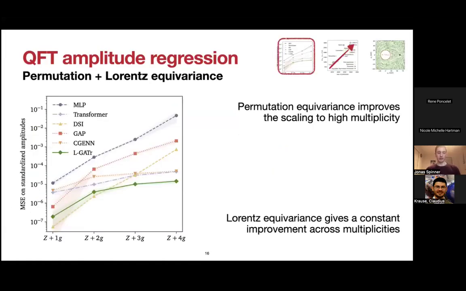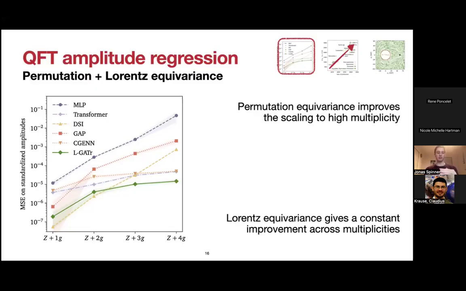So we looked at production of a Z boson plus extra gluons, and we looked at how a bunch of architectures that we compared scale with the number of extra gluons. The simplest approach is just an MLP.